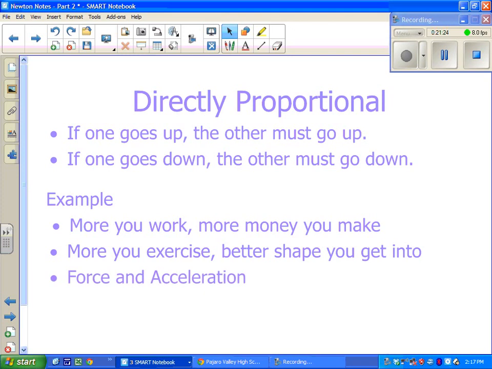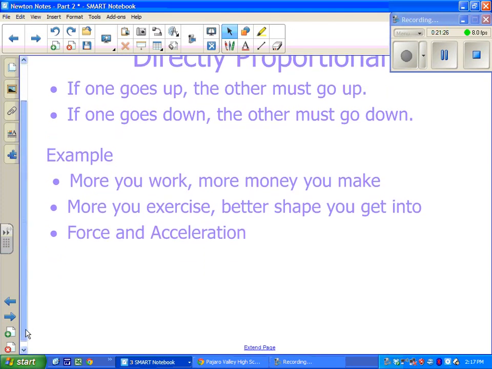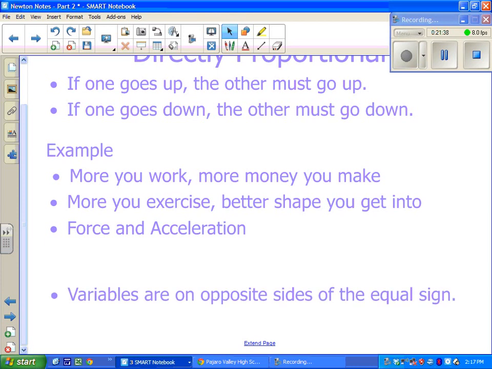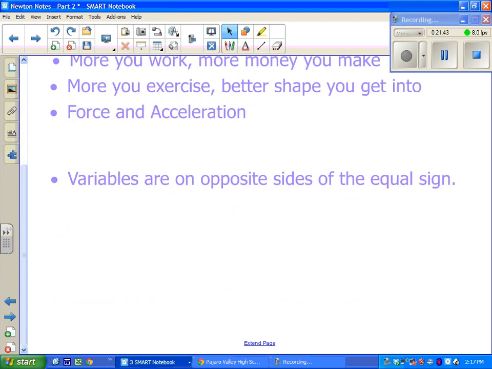And in our physics world, this is with force and acceleration. So the harder you push something, the more force there is, the faster it speeds up, the more acceleration there is. And we can see this because the variables are on the opposite side of the equal sign. So when we have our equation, F equals ma, the F and the A are on opposite sides.